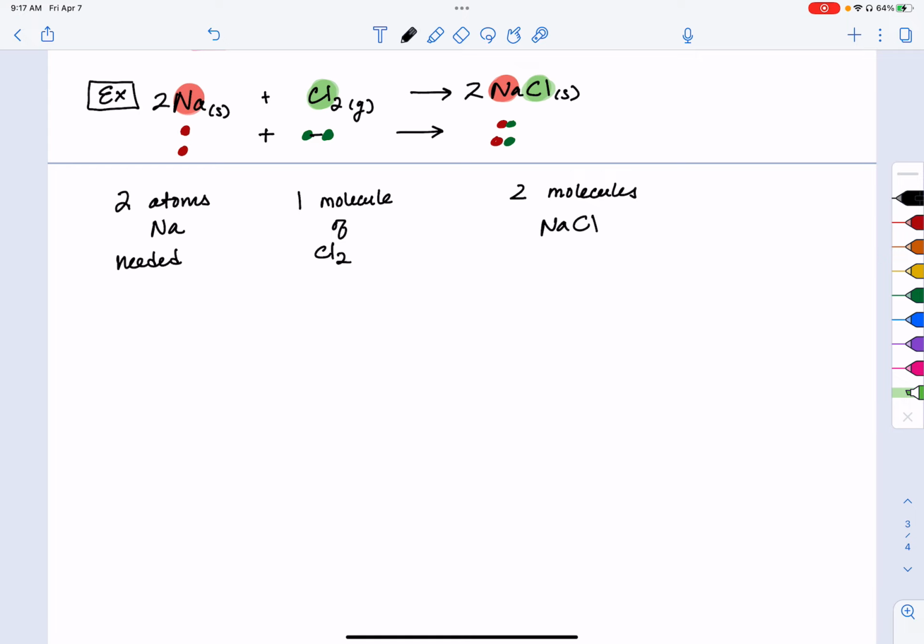And the language that we use is for every 2 atoms of sodium needed, there is 1 molecule of chlorine needed for every 2 molecules of sodium chloride produced.